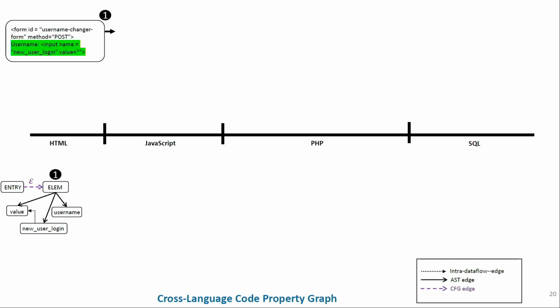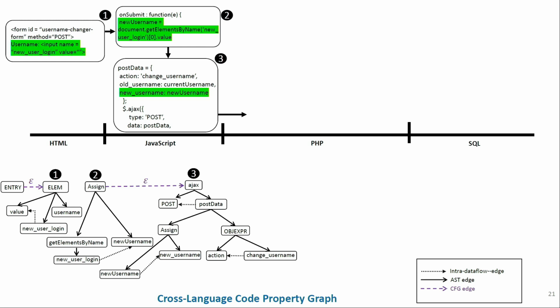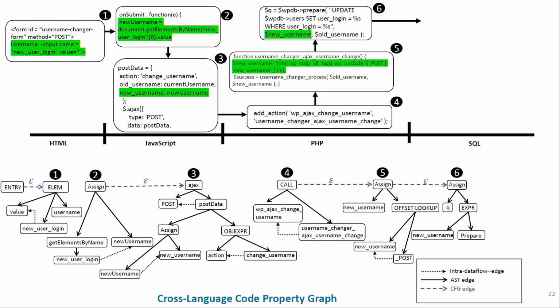On the bottom side, you will see the corresponding AST tree and how the different nodes are connected to each other. First, after it collects the personal information from the user end, it gives the corresponding data to the PHP, where it processes and gives the corresponding data to the JavaScript, and then it processes the data and prepares a post request, which then sends the asynchronous post request data to the server side, which is written in PHP.